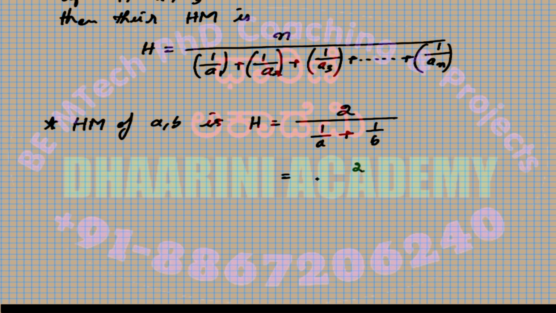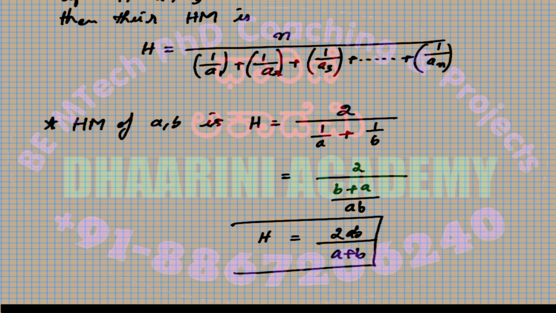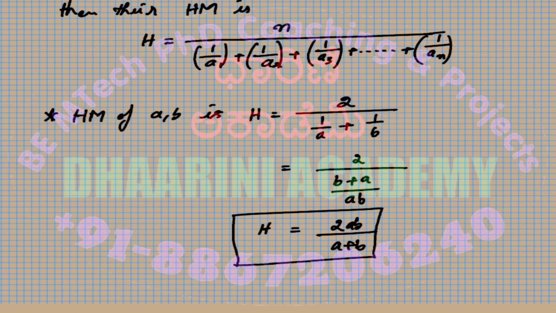So this is 2 divided by a common AB over, this is B, this is A. So H is equal to 2AB divided by A plus B. This is the required equation to calculate the harmonic mean of any two given numbers A and B.